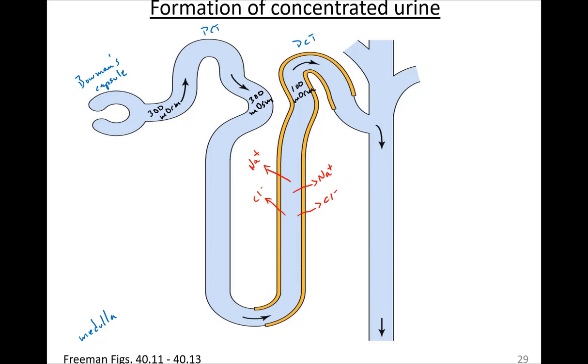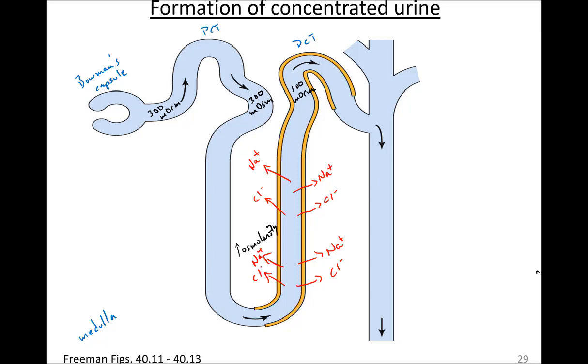We can also think about what all of this added solute is doing to the interstitial fluid along the length of the loop of Henle. All of that extra solute is gradually increasing the osmolarity of that interstitial fluid. So osmolarity is going up here, and this is happening all along the length of that pathway. So we've got sodium coming out along here as well, and chloride.